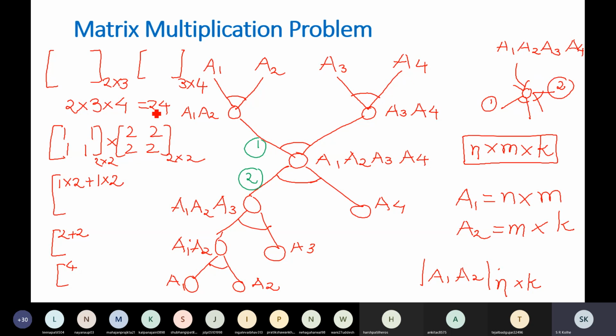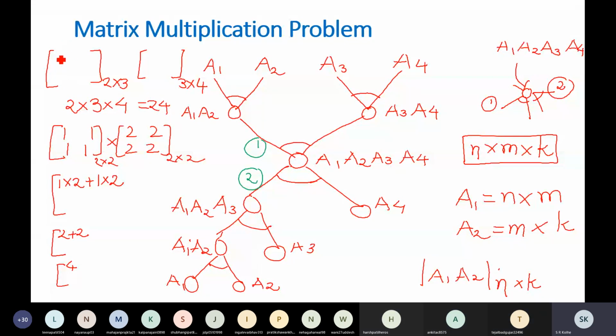Right now, the number of multiplications required to multiply two matrices A1 and A2 with dimensions n by m and m by k is n multiplied by m multiplied by k. Understood? Easily you can verify this.